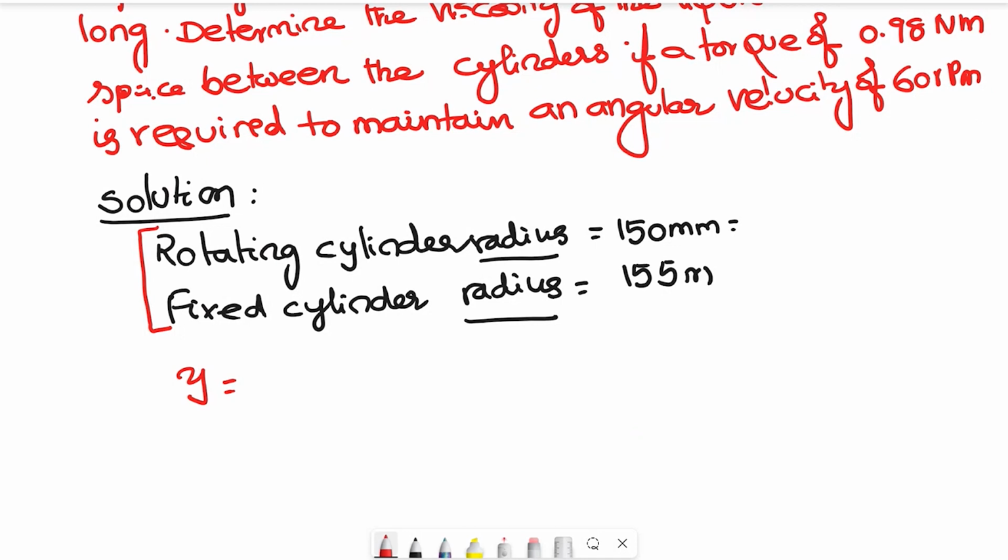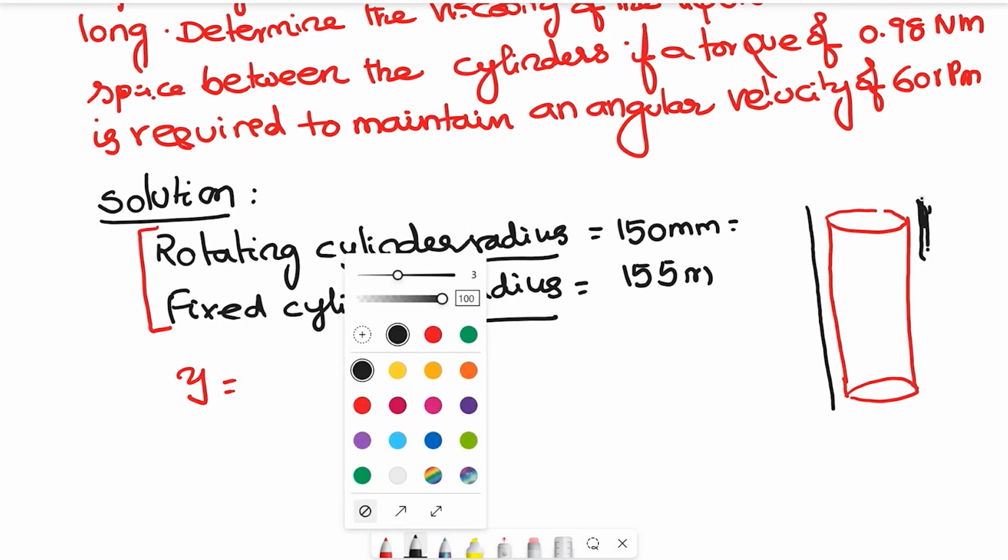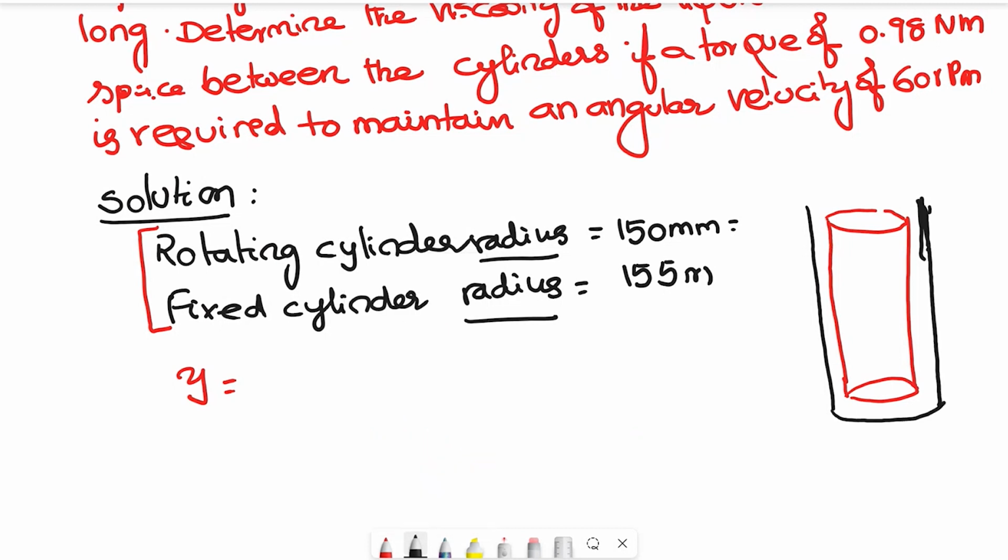Suppose this is the rotating cylinder, so the outer one is the fixed cylinder. This is the outer one.